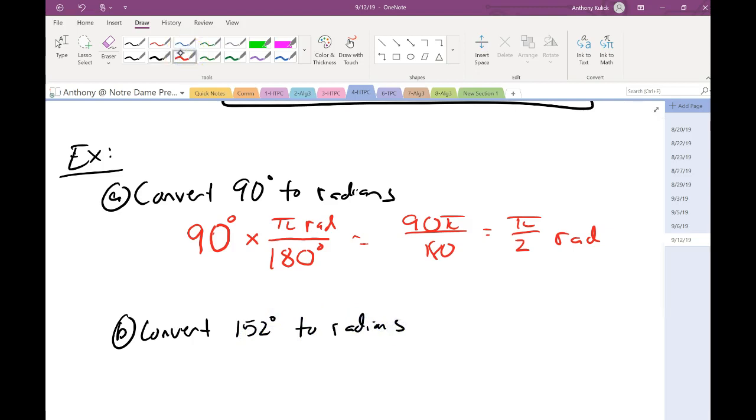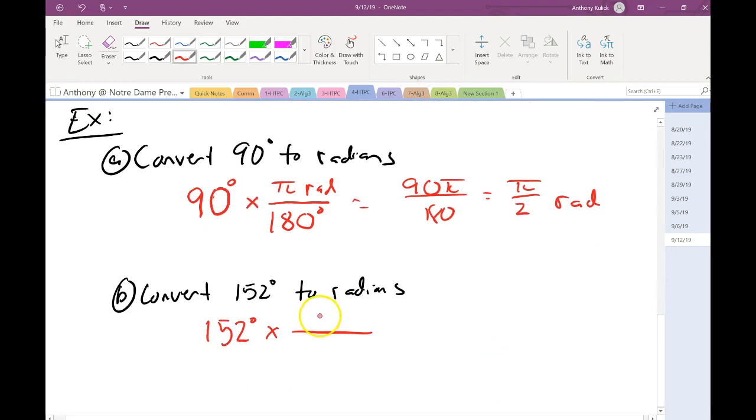So let's say we wanted to convert 152 degrees into radians. So we'll start with what we know, which is 152. And what do I need to multiply 152 by to get an answer in radians? It's not a trick question. Pi over 180.